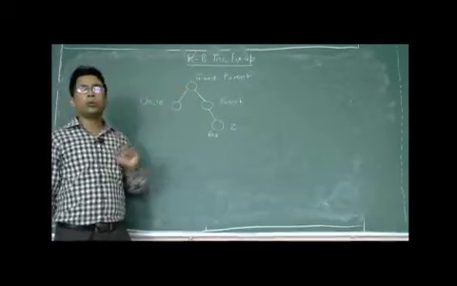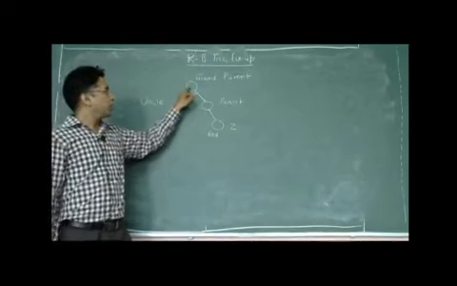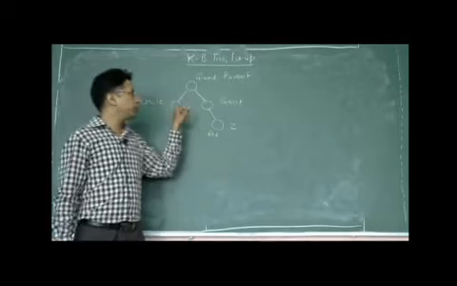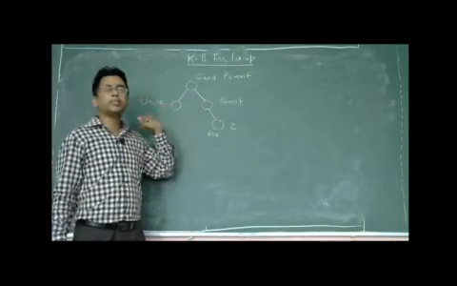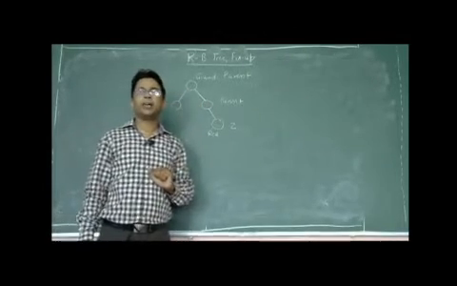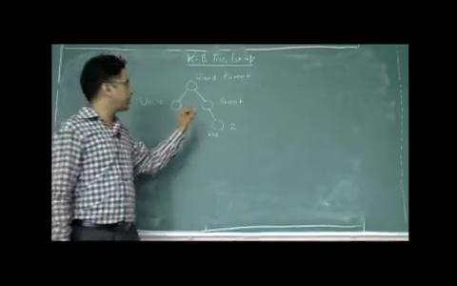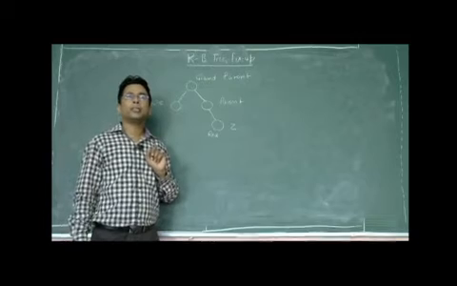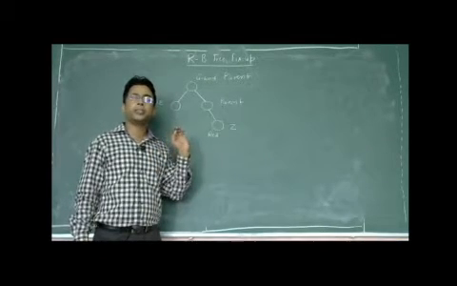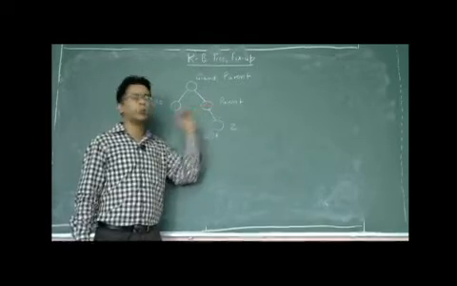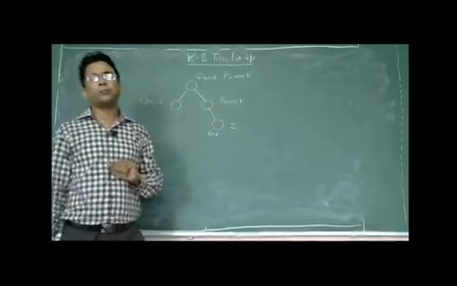And the node which is the sibling of the parent, or the node with the same parent as the Z node's parent, is called the uncle of the Z node.